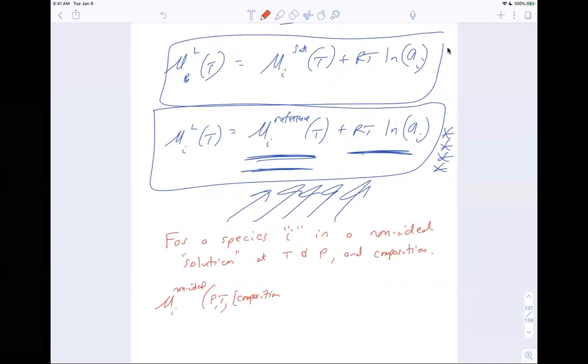Because composition can be in terms of mole fraction or concentration or ppm, whatever you wish. That's why I put composition in this bracket here. It is going to be mu sub I in some reference state at those conditions, plus RT natural log A sub I, okay? And that A sub I is, of course, a function of pressure, temperature, and composition.